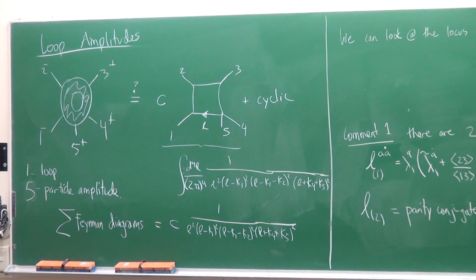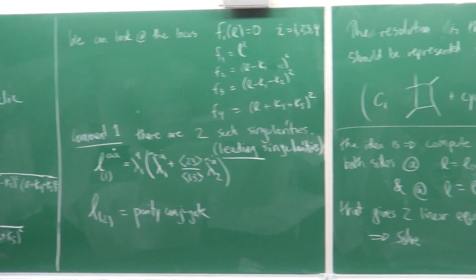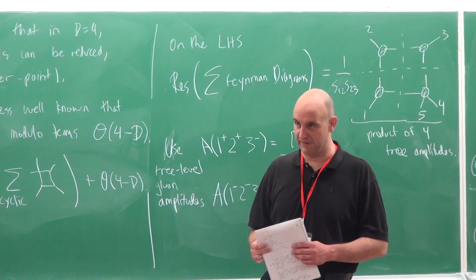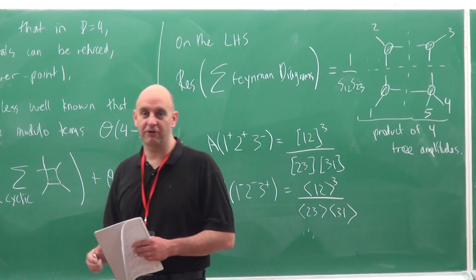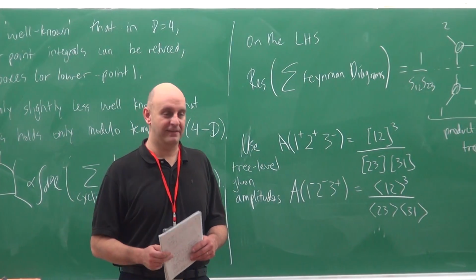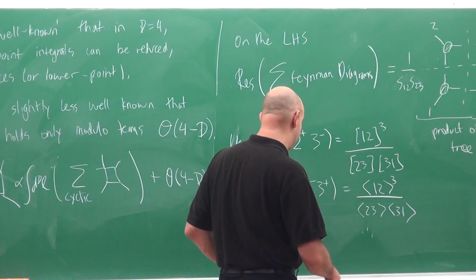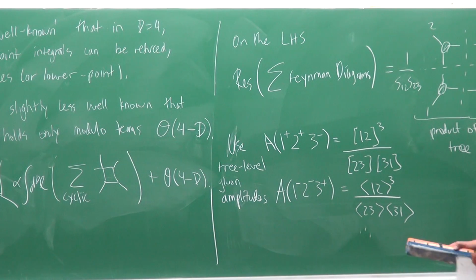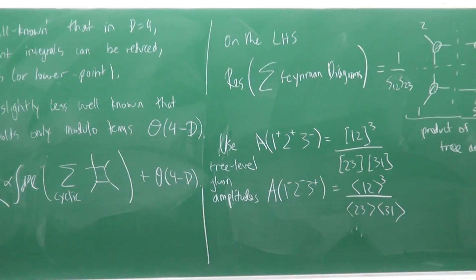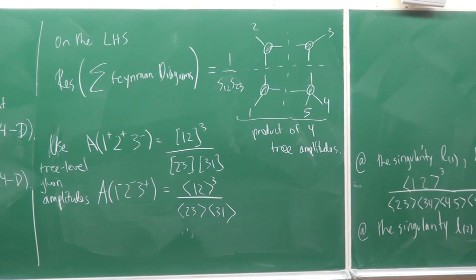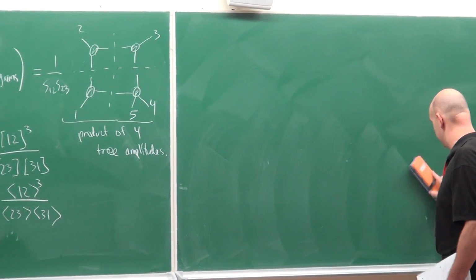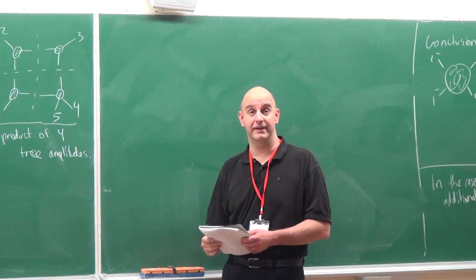Or if you have an integrand that may differ from the sum over Feynman diagrams by some terms that integrate to 0 in d dimensions, or an even weaker criterion, an integrand that differs from the official field theory integrand by terms that integrate to 0 in exactly 4 dimensions. So it's important to distinguish those concepts. In N=4 super Yang-Mills theory, we often like to stick with the strongest form of the word integrand, which means the actual value of the sum of planar Feynman diagrams, point by point in loop momentum space.